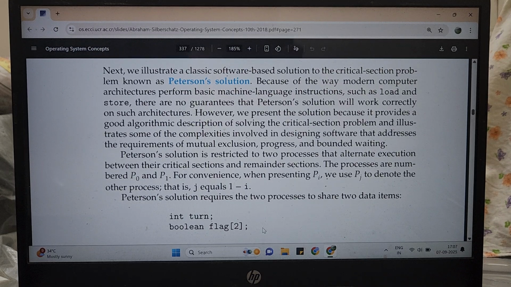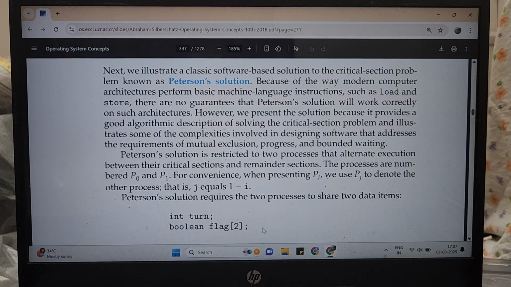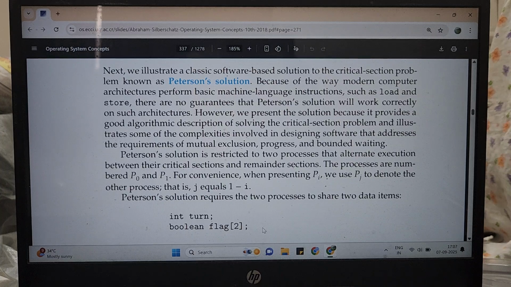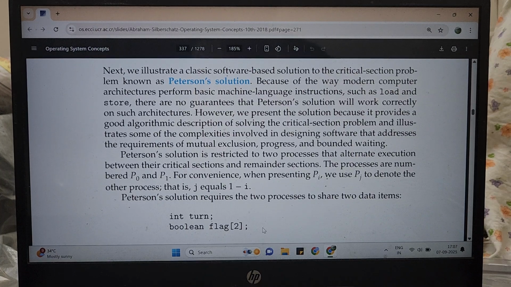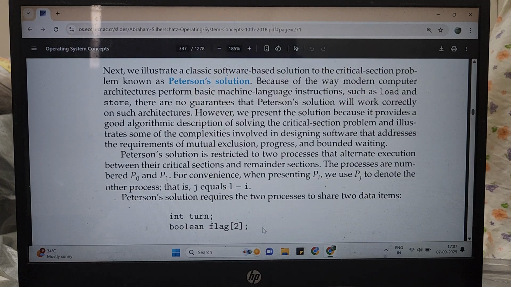So before we look at the solution, there are a few points I would like to clarify. Number 1, a process being ready to execute its critical section and a process being allowed to execute its critical section are two different things. So you will be allowed to execute your critical section only if you know that no other processes which work with the same data are currently executing.